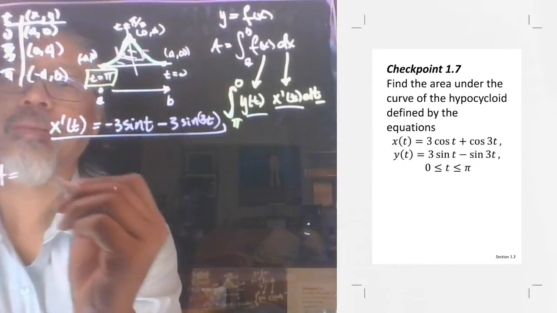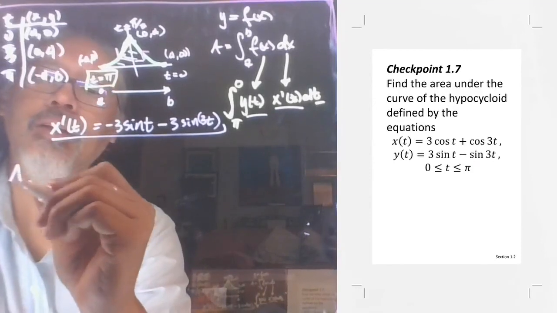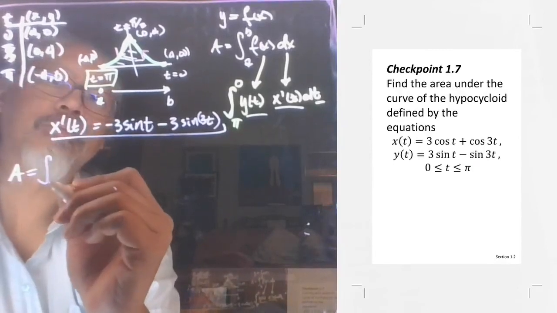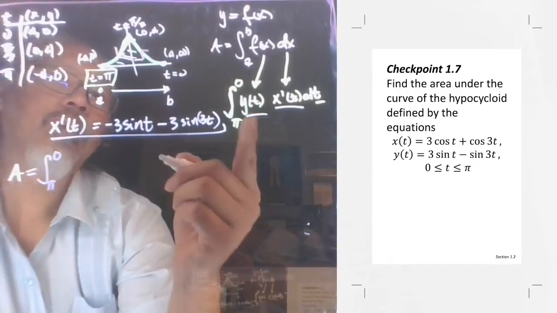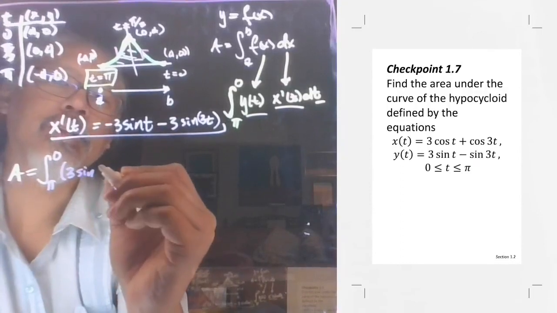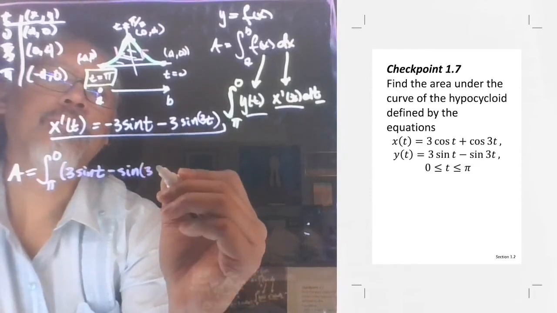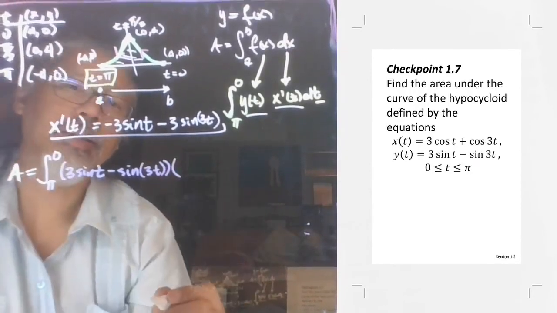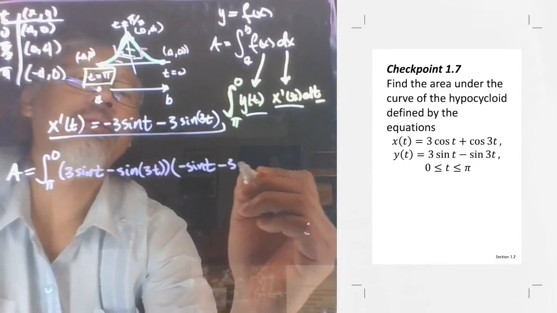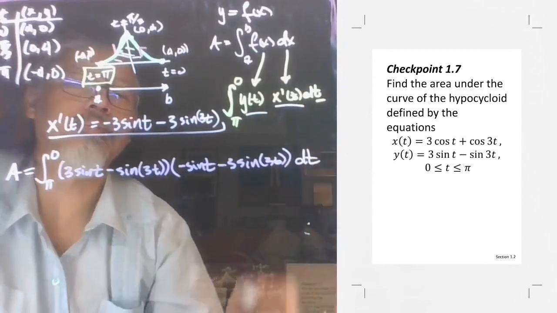So the area will be equal to the integral from pi to 0 of y, which is 3 sine t minus sine 3t, times the derivative that we just found, negative sine t minus 3 sine 3t, dt.